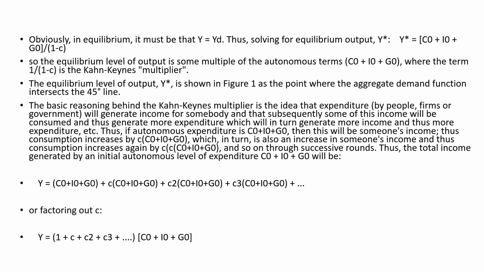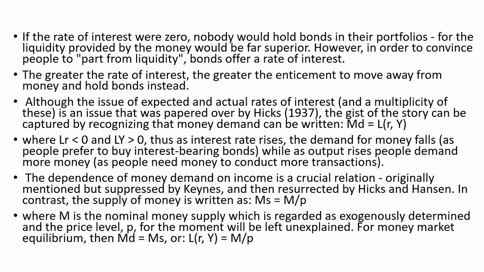This is a multiplier process. If autonomous expenditure is C0 plus I0 plus G0, then this will be someone's income, and consumption would increase by c times C0 plus I0 plus G0, which increases someone's income. Then it would again increase consumption, and this again increases income. It will go on as successive rounds.